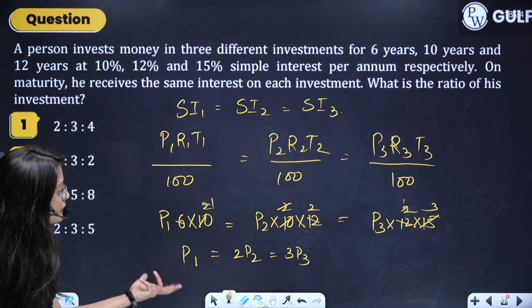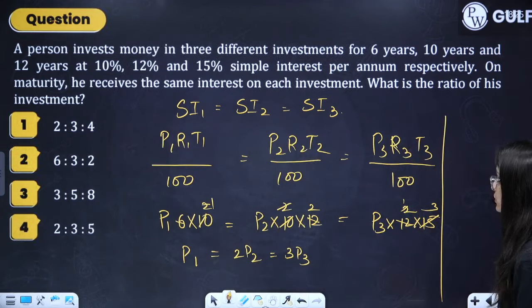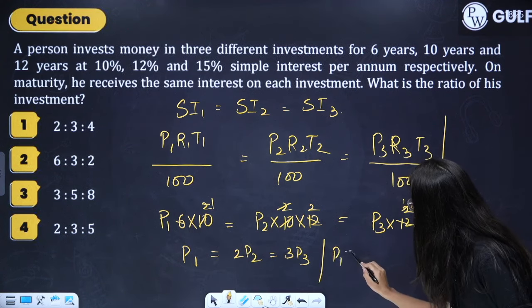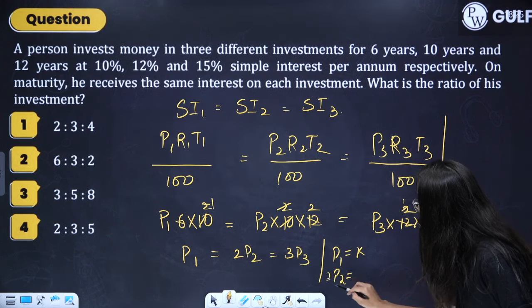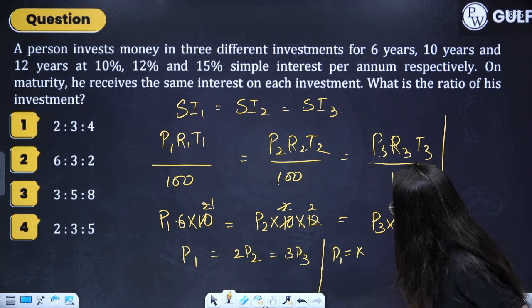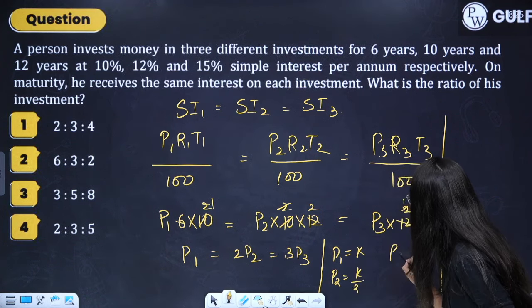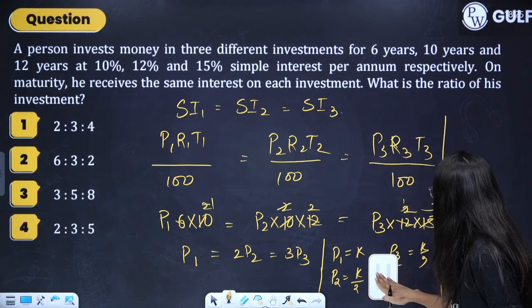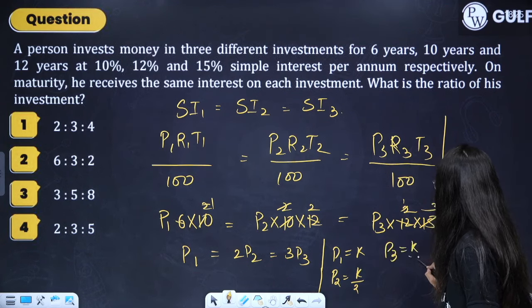Now I'll equate this to K. P1 equals K, 2P2 equals K, so P2 equals K by 2, and P3 equals K by 3.